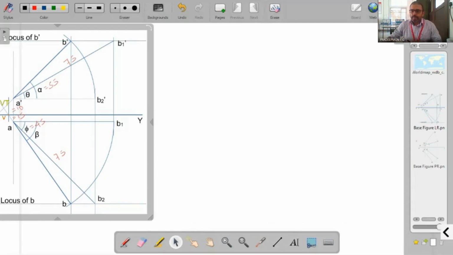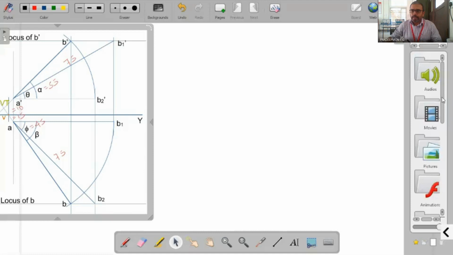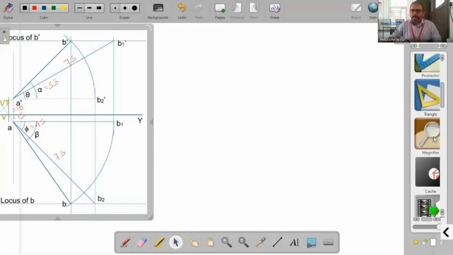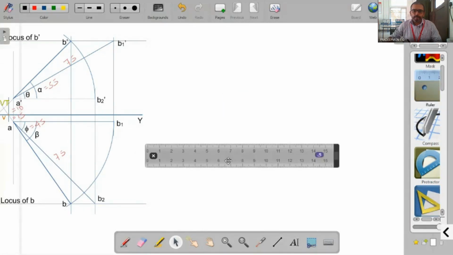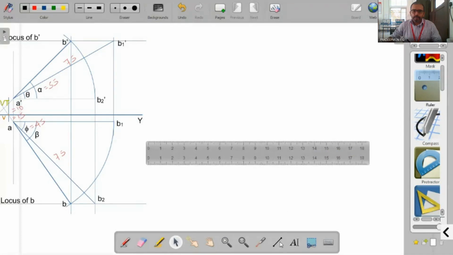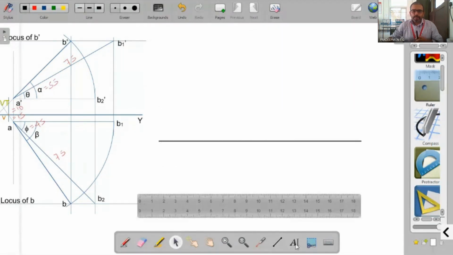So I need a scale. Then a straight line to represent xy. You can start drawing it along with me.